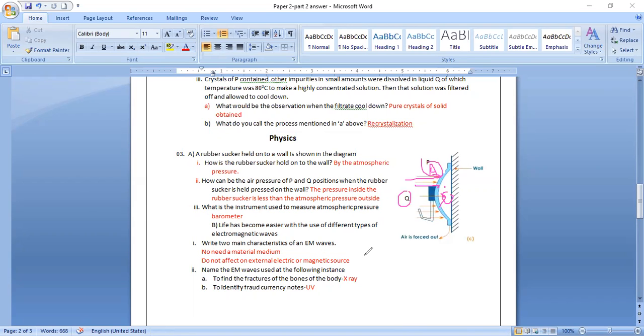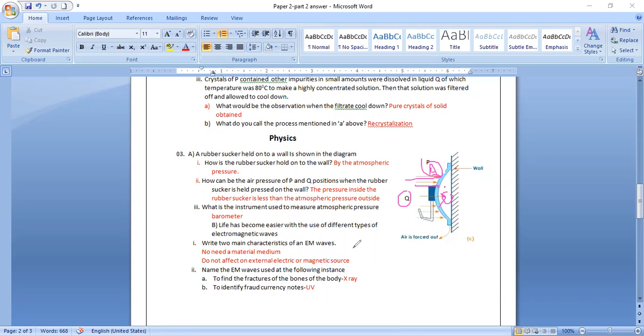So you know waves can be divided into two: mechanical and electromagnetic. Mechanical waves can be divided into two: one is transverse, the other one is longitudinal wave, right? In a longitudinal wave, the particles and the wave propagate parallel to each other.